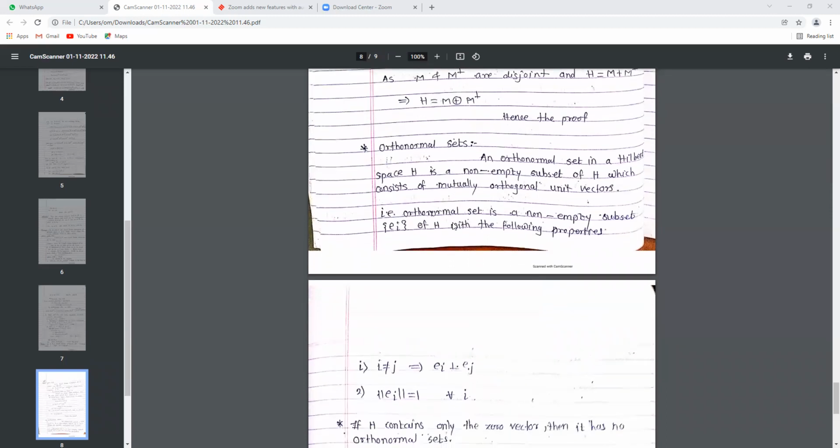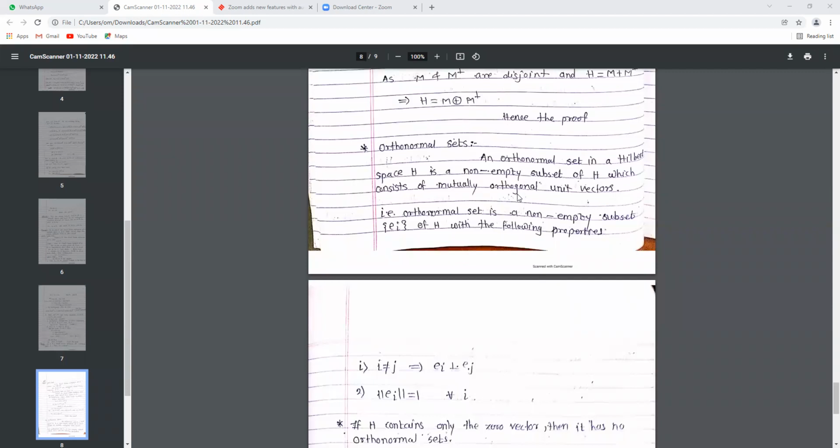Now see, orthonormal sets. An orthonormal set in a Hilbert space H is a non-empty subset of H which consists of mutually orthogonal unit vectors.